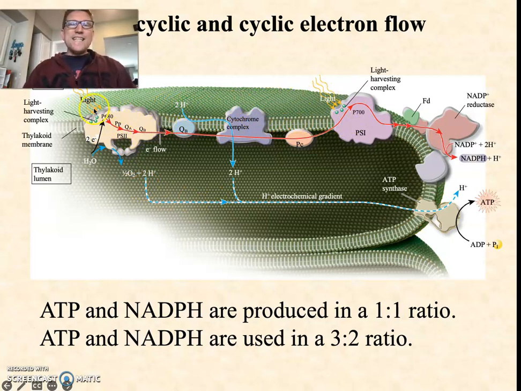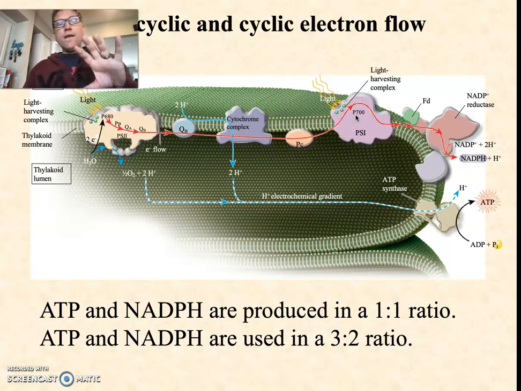We know that light hits the antenna complex, which shuttles energy to the P680 reaction center on the stroma surface of photosystem 2, launching a pair of electrons from P680 up into a very high energy state, which are then grabbed by a series of carriers that shuttle them all the way until ultimately they're handed off to photosystem 1 at P700.